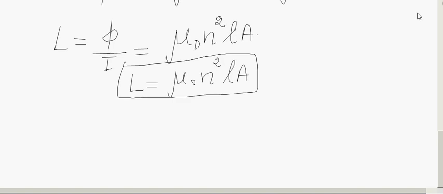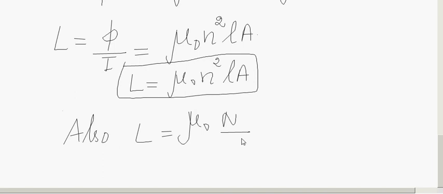Or, if we write in terms of capital N, you can write L as mu naught into N by L whole square into L A, because n is the number of turns per unit length.